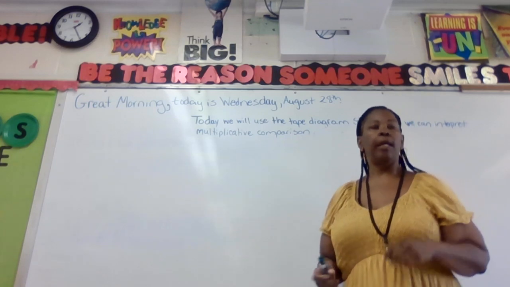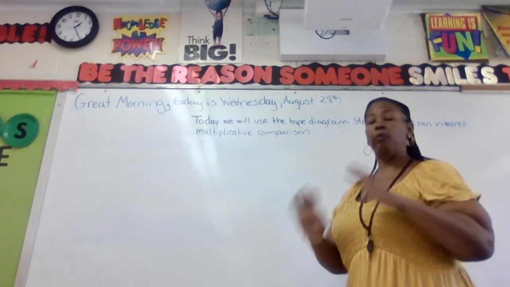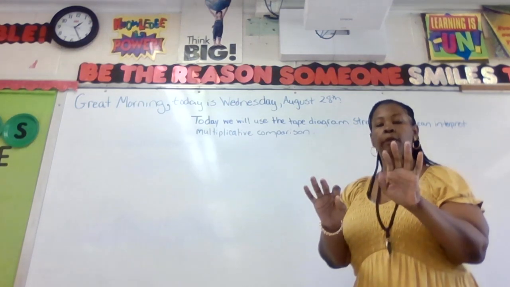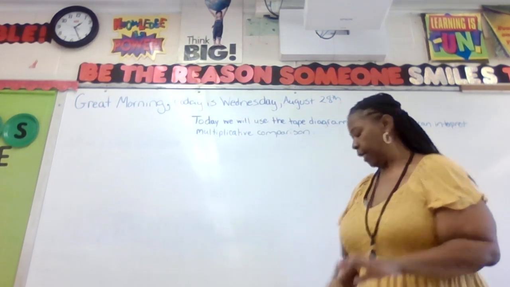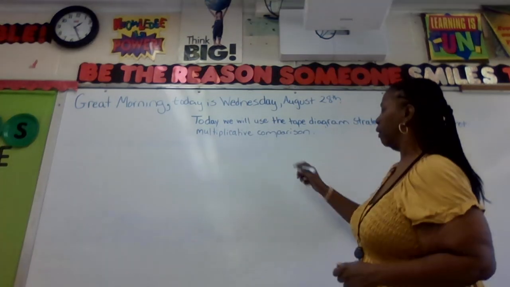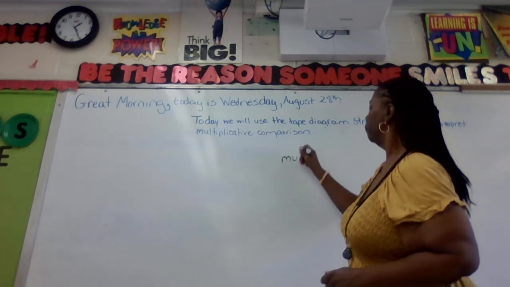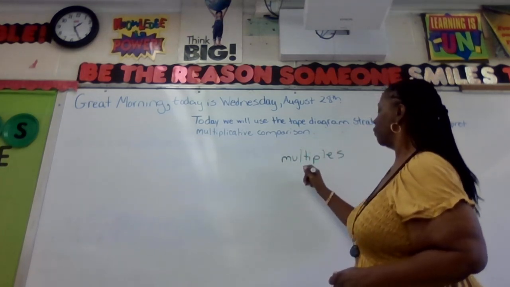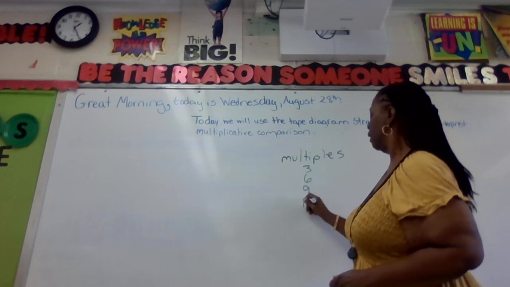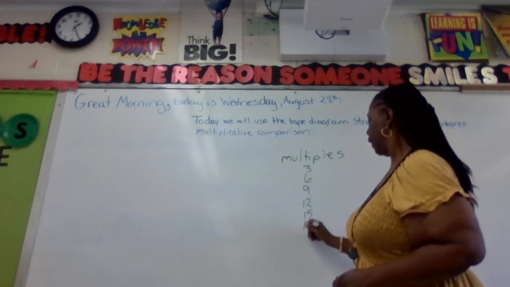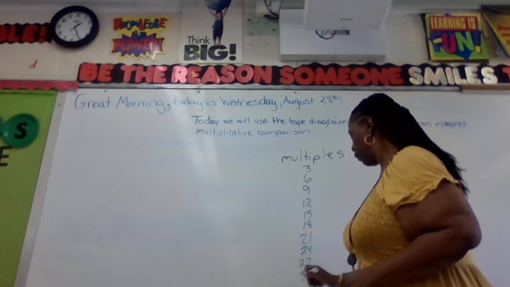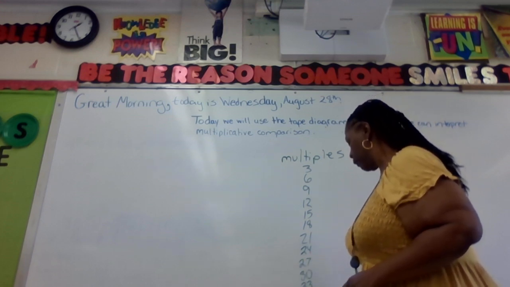So for example, if I ask them 3 times 8 and they don't know immediately that it's 24, they can put up 8 fingers. 3, 6, 9, 12, 15, 18, 21, 24. Got it? Okay, so I want them to write their multiples of 3. And that is 3, 6, 9, 12, 15, 18, 21, 24, 27, 30, 33, and 36.